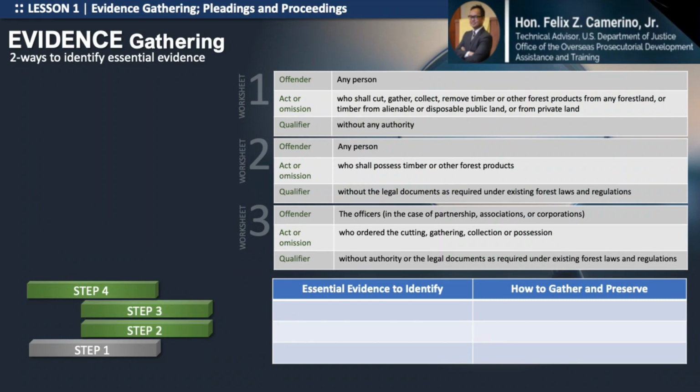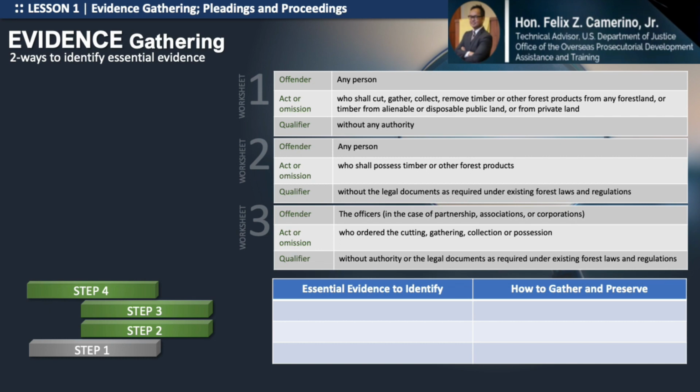For these 2 steps, we created a simple table, and as you'll see, the first column represents step 2, and in step 2, of course, our objective there is to identify what are the essential pieces of evidence, and then the right column represents the answers we are looking to gather from step 3. Step 3 is the step of gathering and preserving evidence that were identified on step 2. Okay, so there you have a simple table that we're going to be using.